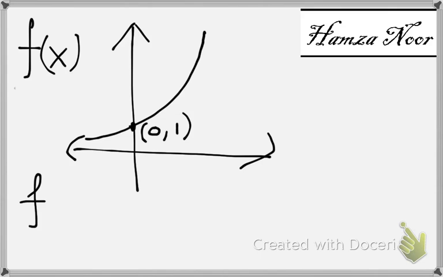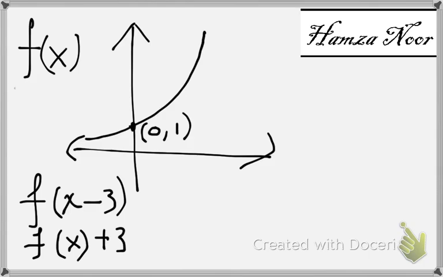Just to sketch this graph, f(x) minus 3 and f(x) plus 3. So f(x) minus 3 will be a horizontal translation of 3. You can sketch this graph yourself.